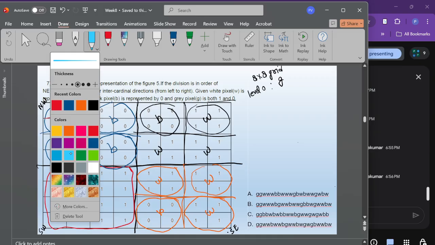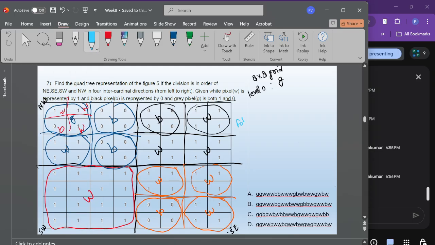So now we need to follow root, then its children, right? Root plus its children. What are the children? That is the different directions, NE, SE, SW, and NW, and their sub-children as well, right?